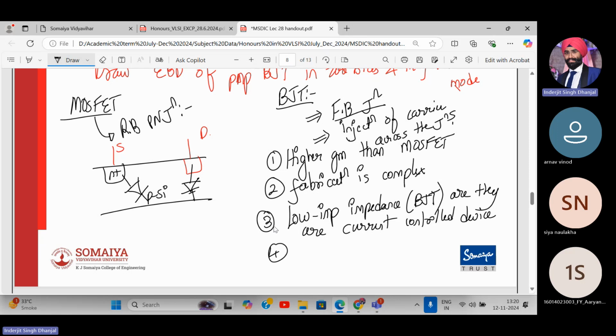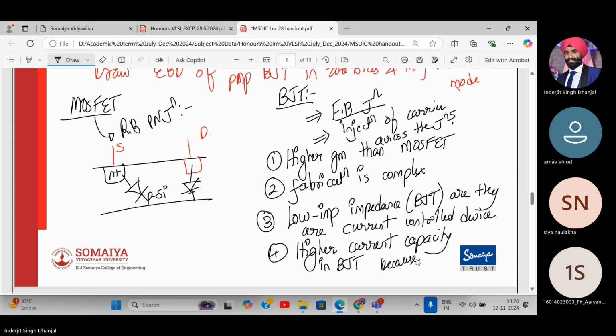The next point is high current capability. Higher current capability of a BJT in comparison to a MOSFET. Why? High current capacity in BJT, because gm is higher. Just now we said, right? gm is delta ID by delta VGS.